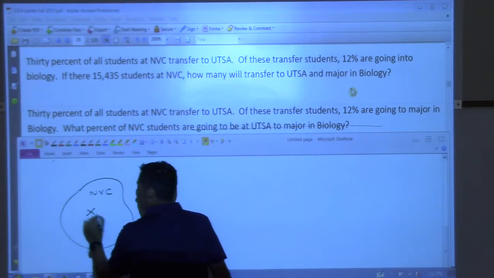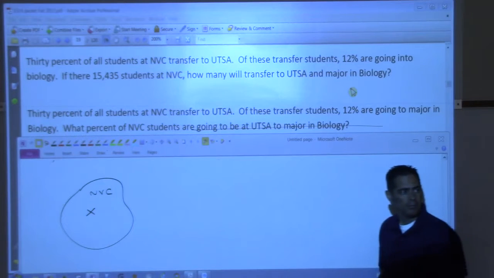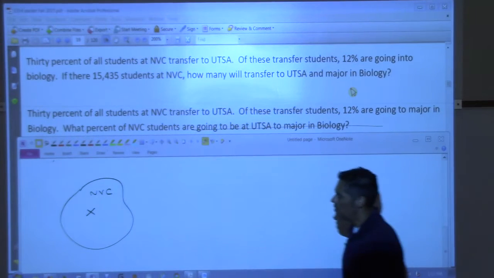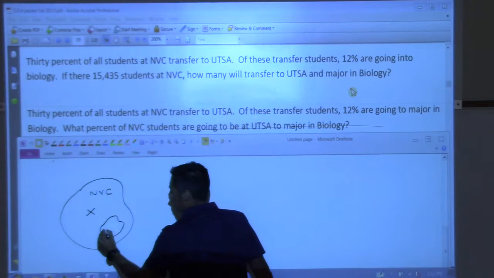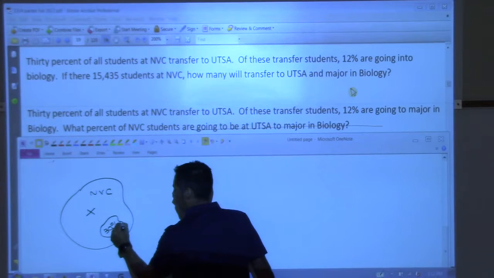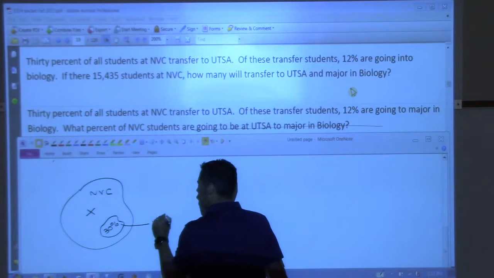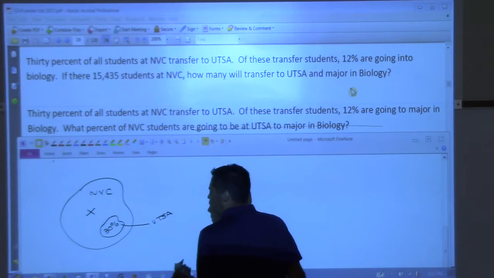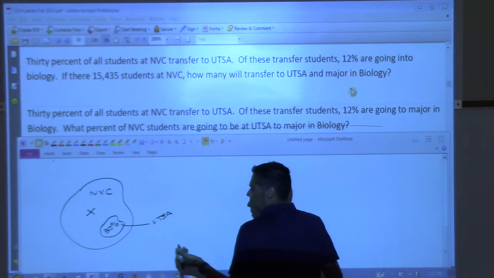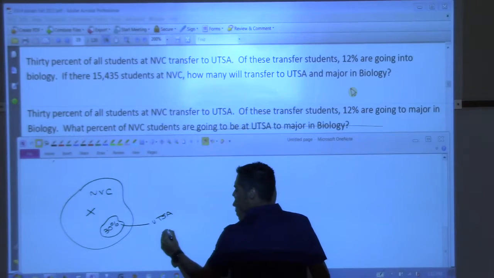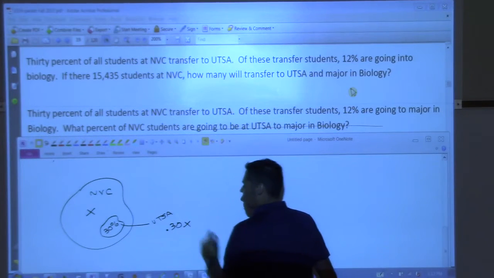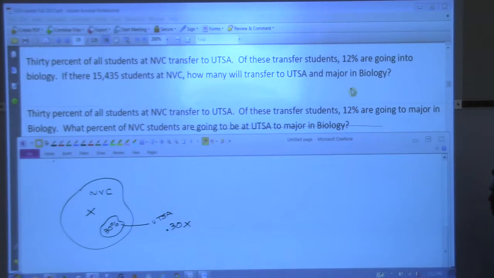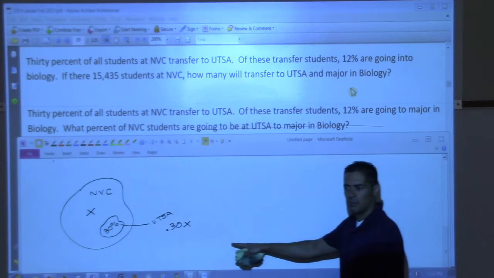So let's just say it's X. That's how many students are there. And then how many of those students are going to go to UTSA? 30% are going to go to UTSA. So how many would that be? Wouldn't it be 0.30 times X? Yes? That's how many are now at UTSA.